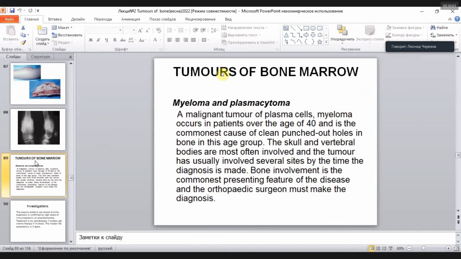The skull and vertebral bodies are most often involved, and the tumor usually involves several sites by the time the diagnosis is made. Bone involvement is the commonest presenting feature of the disease, and the orthopedic surgeon must make the diagnosis.